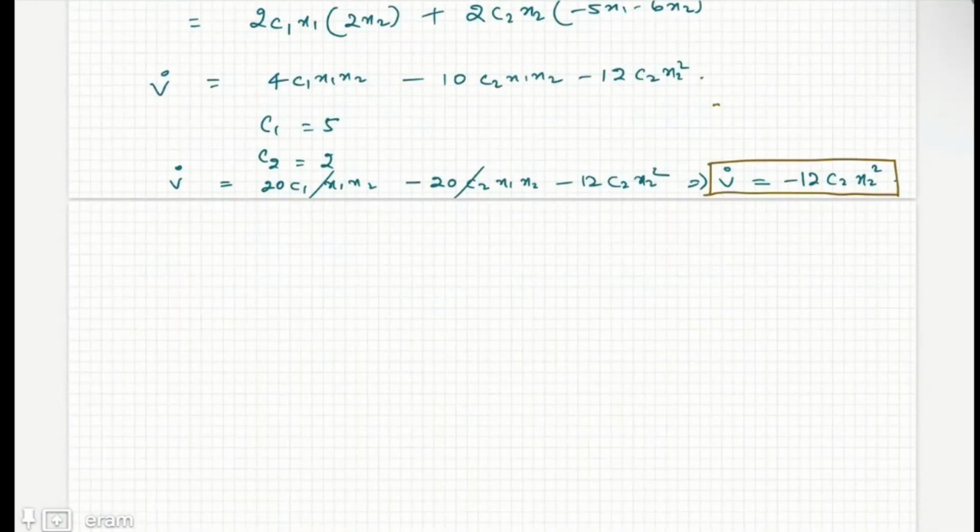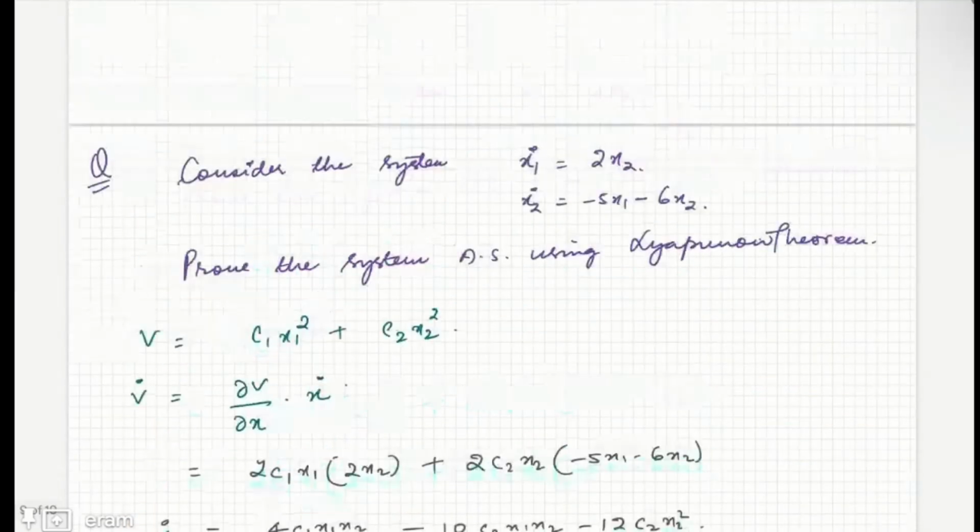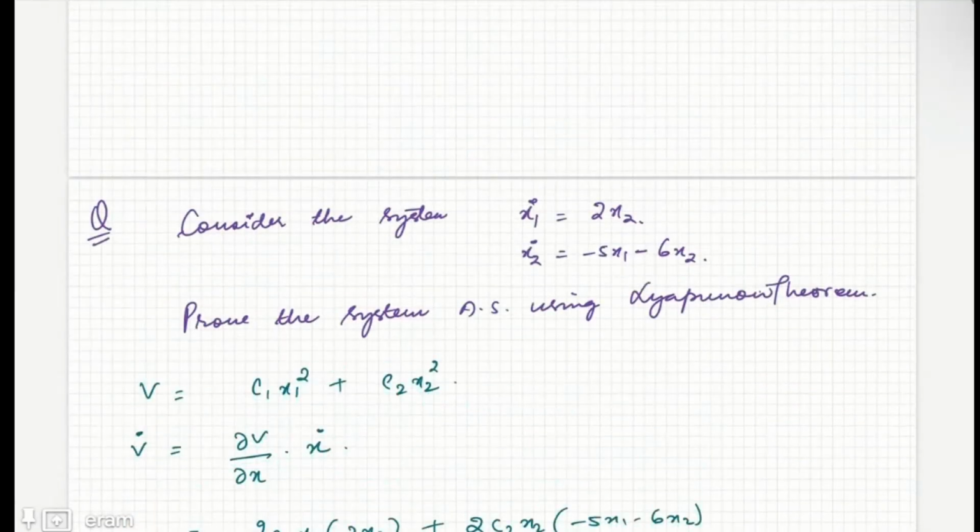For that, let's check when x2 is 0 and when x2 dot is 0, what is our x1 and x1 dot. So when x2 is 0, from here, that gives us x1 dot as 0. That means when x2 is 0, x1 is some constant value. And now when we put the x2 derivative as 0, that gives us 0 equals minus 5x1 minus 0, because x2 is 0.